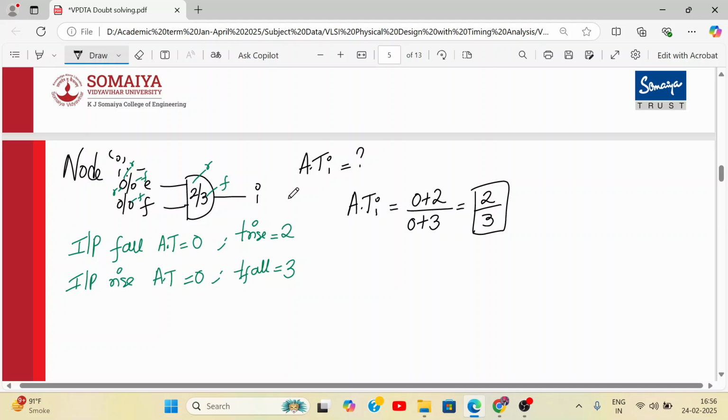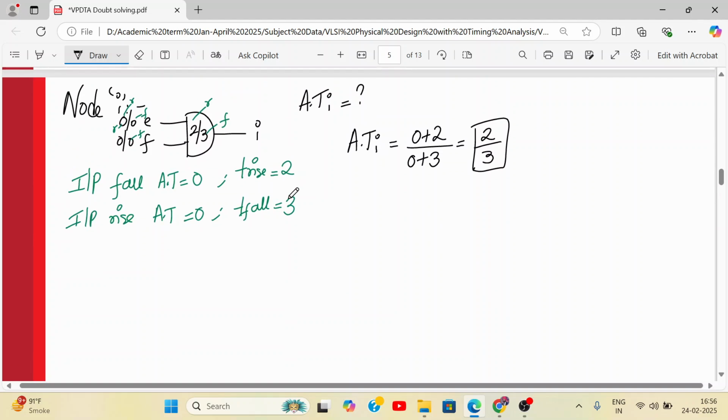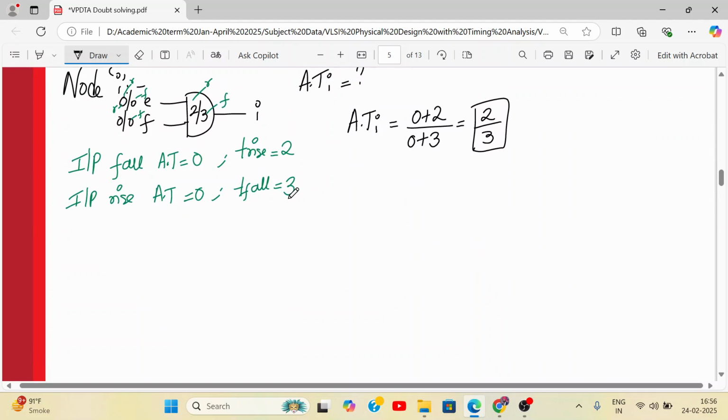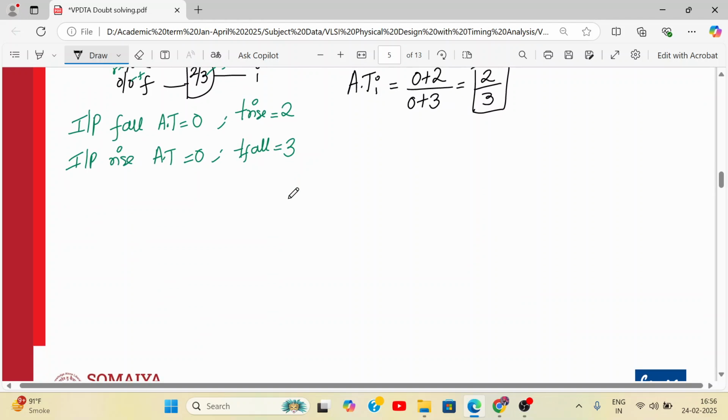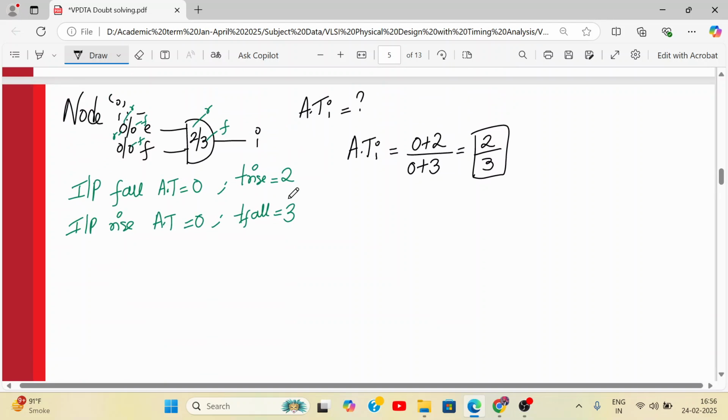Node I. Yeah, 2 by 3. Yeah, correct. Rise and fall. Correct.